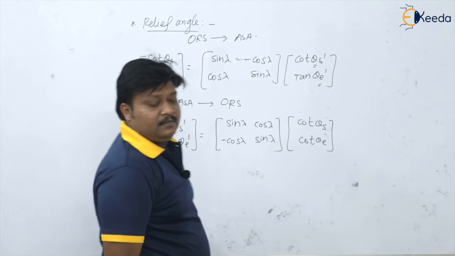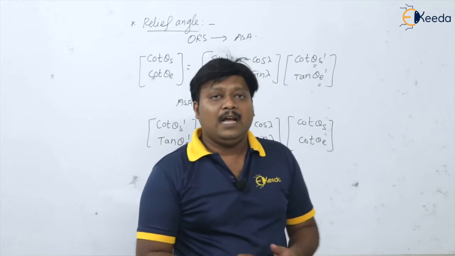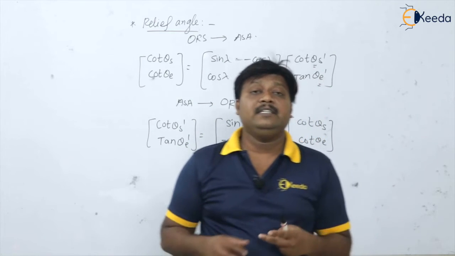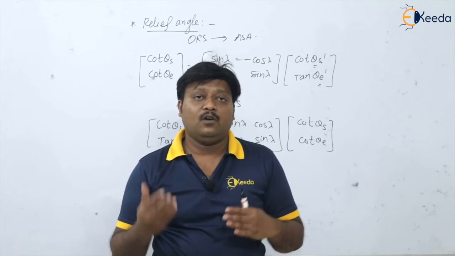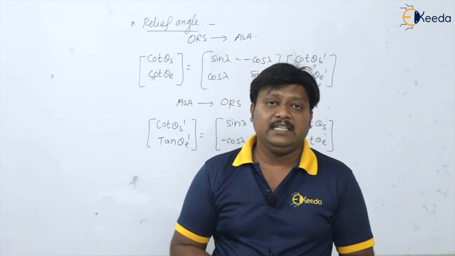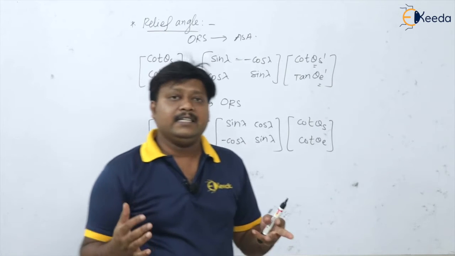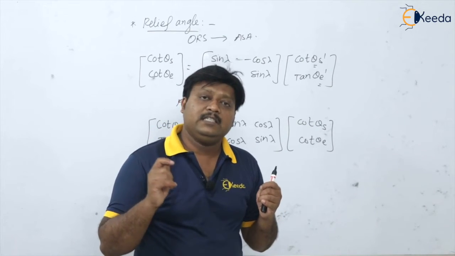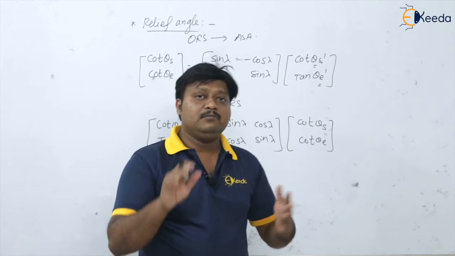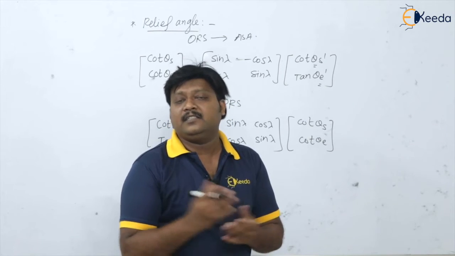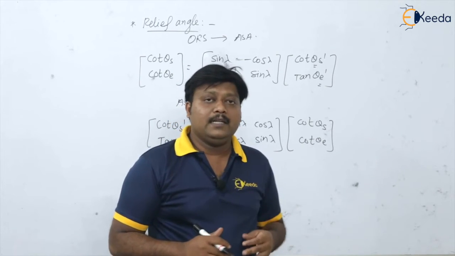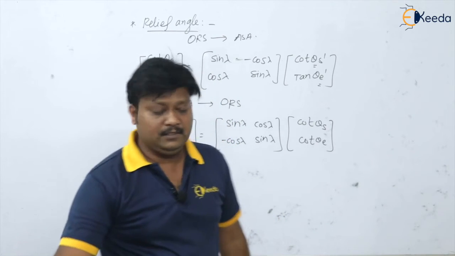In this way we can convert between ASA and ORS systems. For the rake angles and relief angles, the end cutting edge angle remains the same and the nose radius remains the same, and the conversion between Cs and lambda is Cs equal to 90 minus lambda and lambda equal to 90 minus Cs.